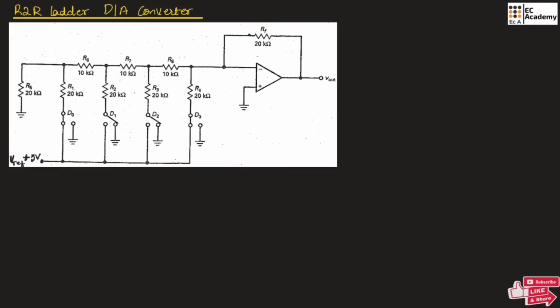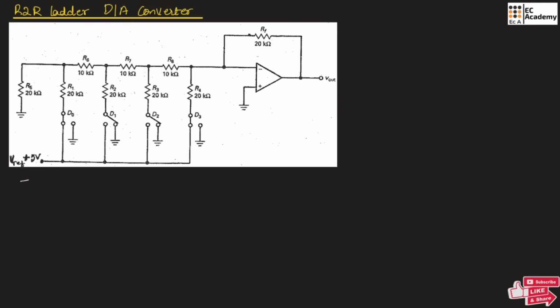So for example, if the input is 1001, then switch D0 is connected to the reference voltage, D1 and D2 are connected to ground, and D3 is also connected to the reference voltage, so that we get the combination 1001. Likewise, for different combinations of input, these switches will switch to either the reference voltage or ground.